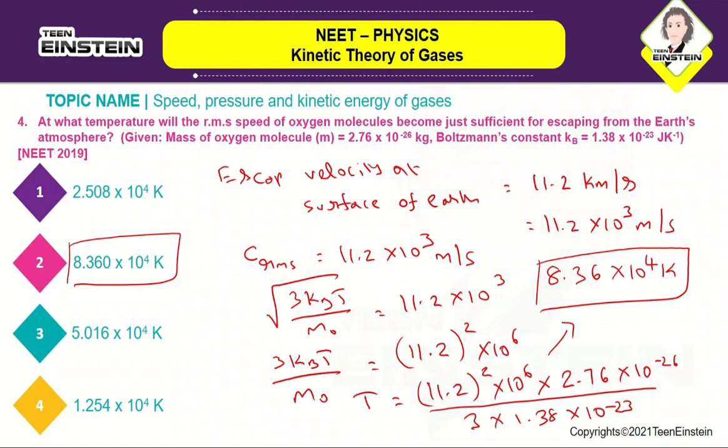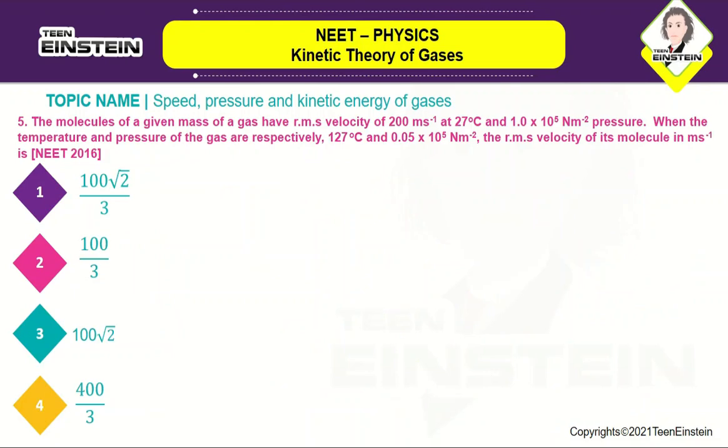So C RMS will become equivalent to 11.2 into 10 power 3, and the formula for C RMS is root of 3 kBT by M naught. So you are substituting, and all these values they have given. They gave you the kB value, they gave you the M naught value. You're going to substitute, and the final answer is the temperature is 8.36 into 10 power 4 Kelvin. Okay, so let us move on to the next question.